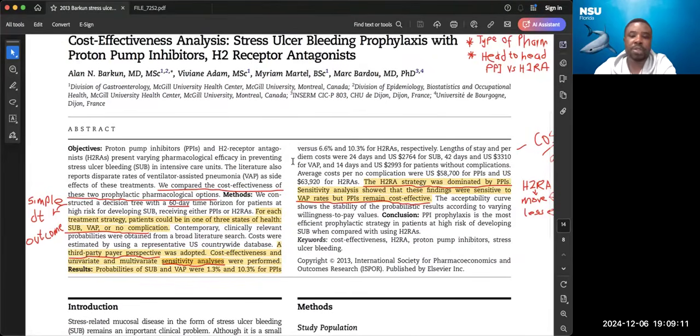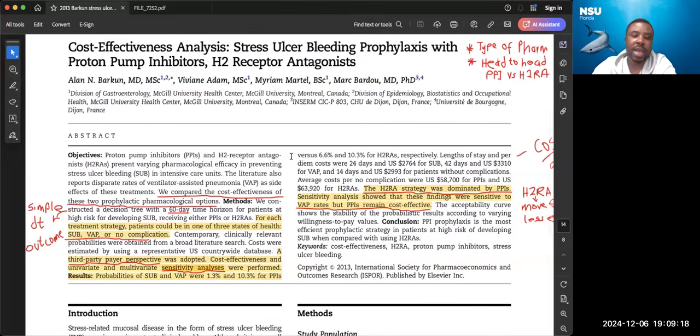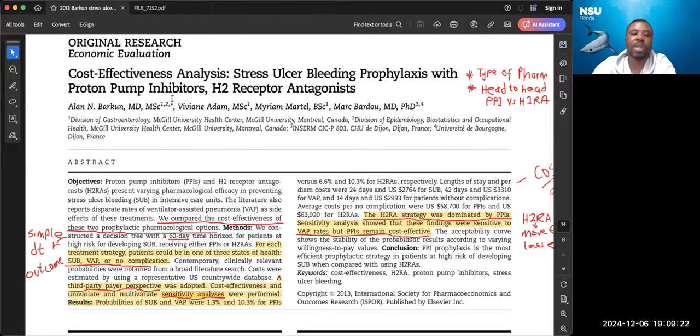My first question to everyone on this platform is, what is the difference between cost effectiveness analysis and cost minimization analysis? Because if this is cost effectiveness analysis, why is it not cost minimization analysis?